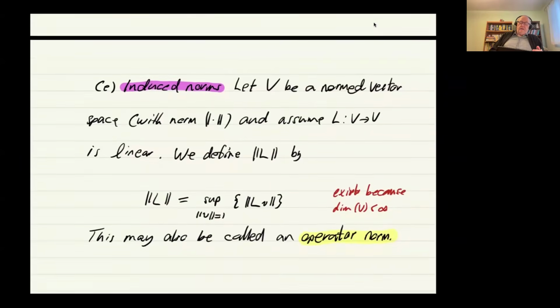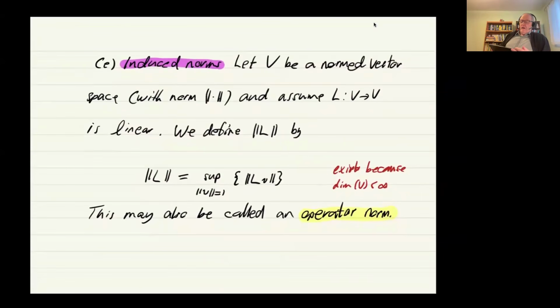The standard way of constructing norms for matrices from norms for vector spaces is this: if you have a vector space and an operator on it, and you have a norm on the vector space, then you can define norms on the operators. This is very, very useful and generally standard. This procedure gives me what I would call an induced norm, or sometimes called an operator norm.